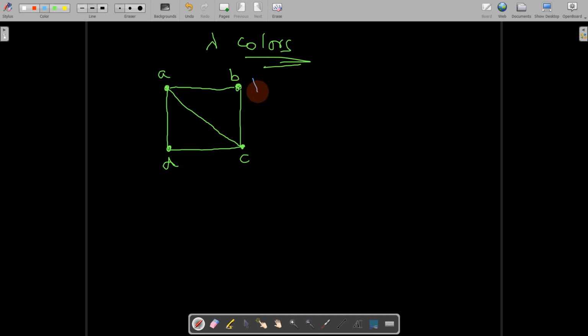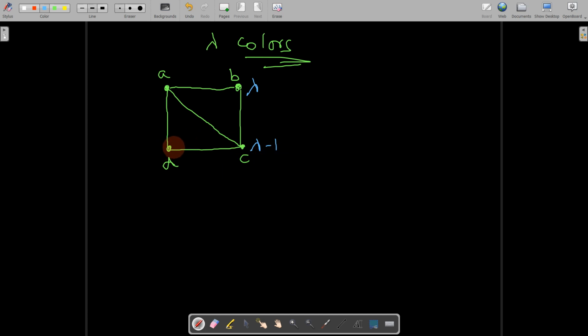We have lambda choices, any color can be used. Now we move to its neighbor C. One color has been assigned to B out of lambda, so C cannot have that color. It has lambda minus 1 remaining choices.